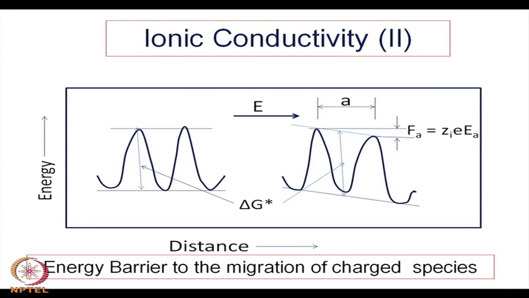Now, if an ion is moving through a lattice, we can consider the variation of energy based on the particular site where it is located. So, as a function of distance, one can plot these kinds of potential wells or potential barriers.